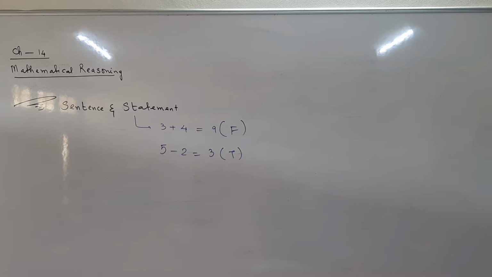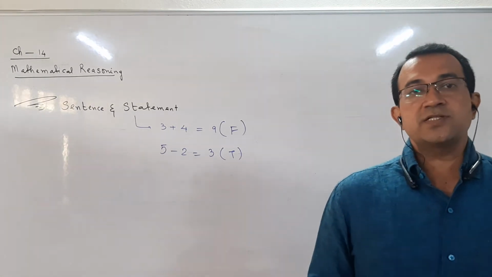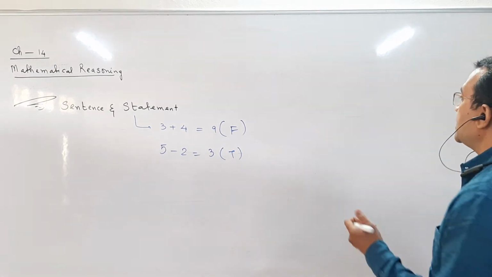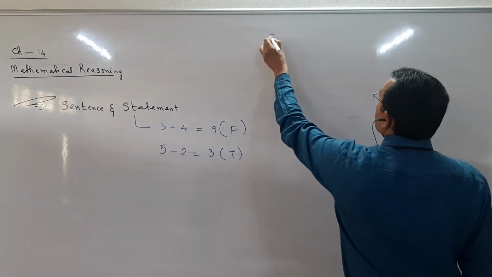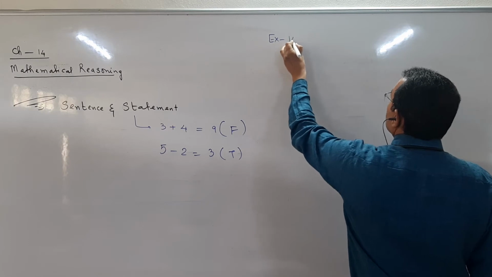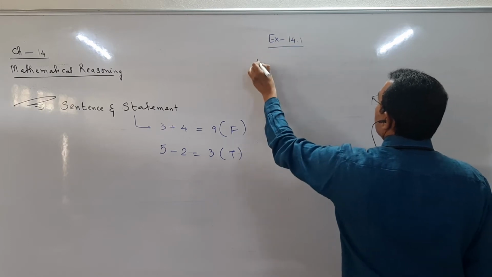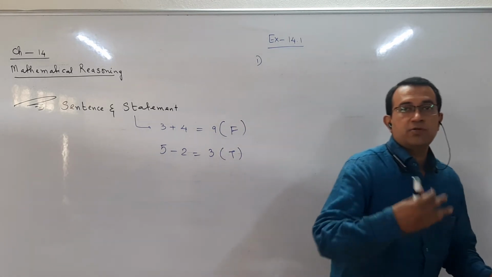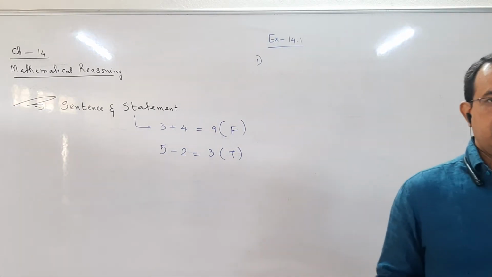Which of the following sentences are statements? Give reason for your answer. There are 35 days in a month. The first question is, there are 35 days in a month. Now all of you know that a month may have either 31 days or 30 days or 28 days or 29.